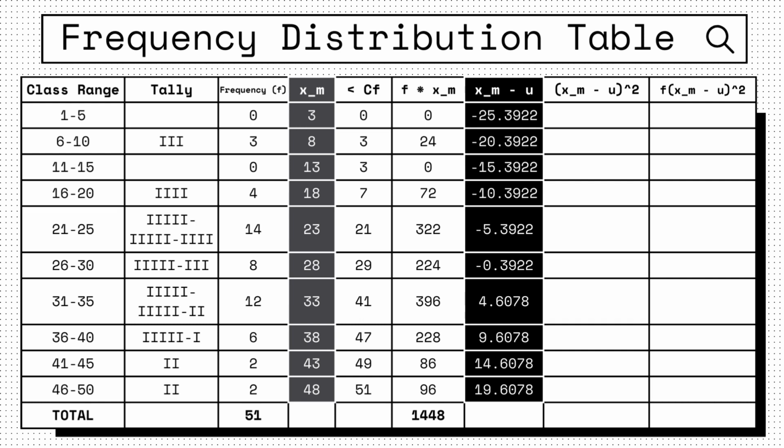For the class range 6 to 10, we have 8 minus 28.3922, which is equal to negative 20.3922. For the class range 11 to 15, we have 13 minus the mean, 28.3922, which is equal to negative 15.3922.